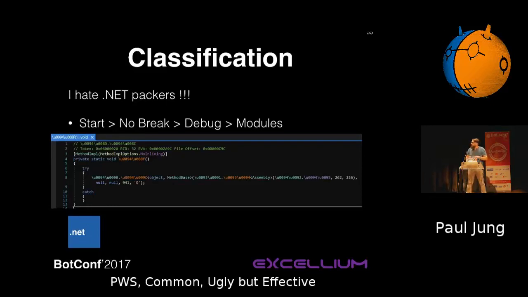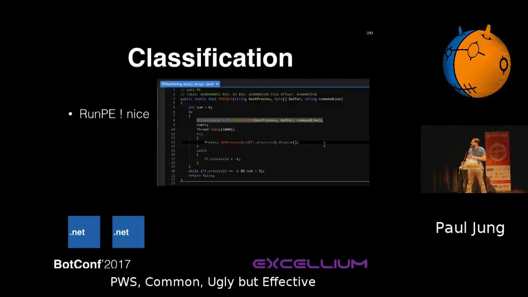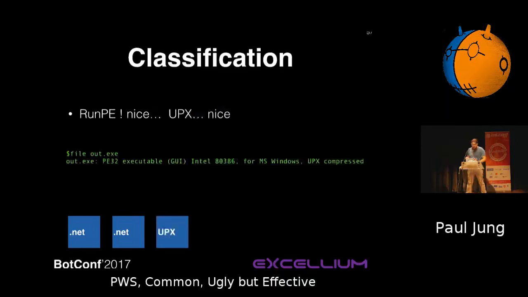So as a word, you have your .NET packer, you start your dnSpy, you run the Trojan without break, you go to debug modules, you have a new module, you go in the module, and for example, for Agent Tesla, nice, you find a runPE, okay, you break on the buffer, you extract the buffer, well, you got a file, which is an APX, easy, I do APX -d, just a bit.